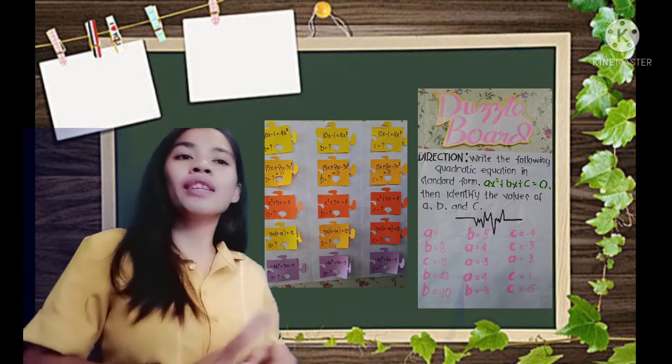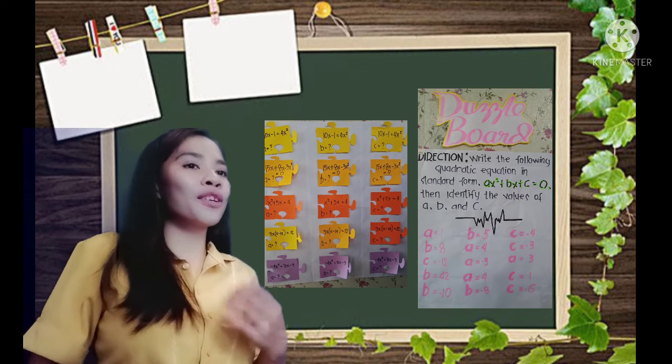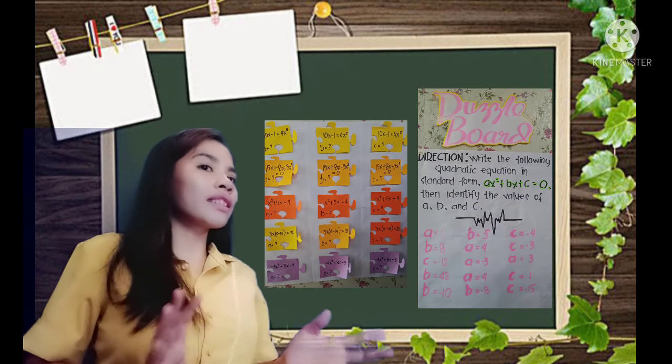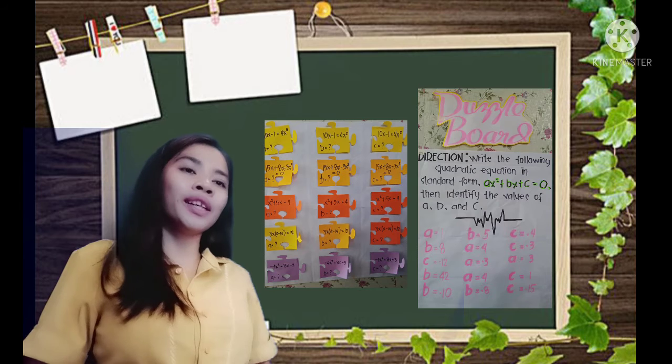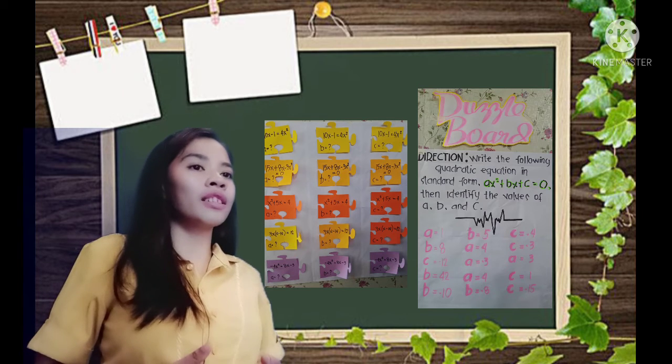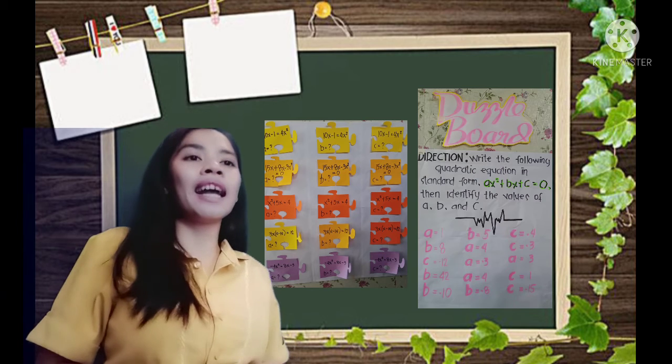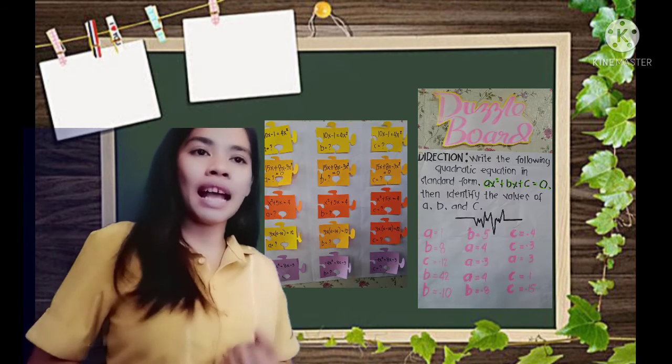This is for the red group, this is for the blue group, and this is for the white group. There's an instruction on the puzzle board for what you will do. You only have 10 minutes to answer the activity. So you may start answering now.